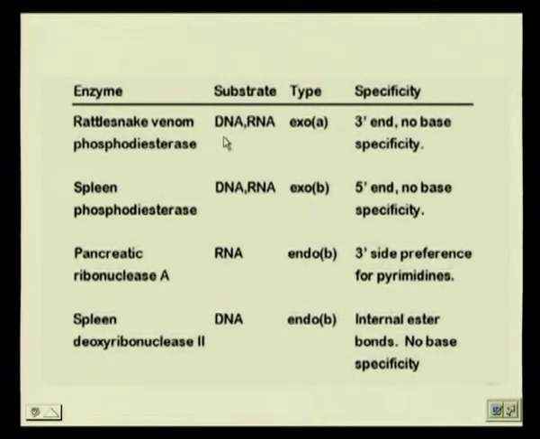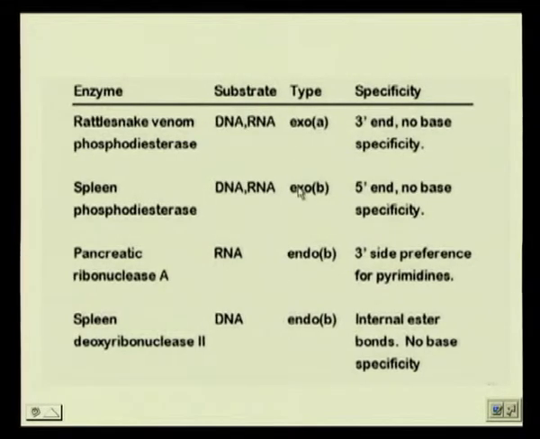That is why it is snake venom in the first place. It cleaves exo A. What does that mean? The 3' end, chopping off one nucleotide at a time, and there is no base specificity. So, it will just chop off your DNA or your RNA, okay, rendering any protein synthesis impossible.